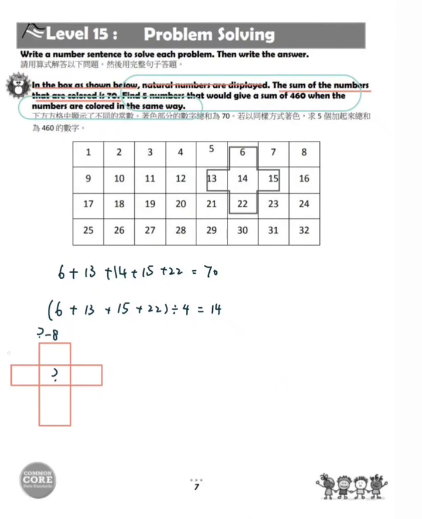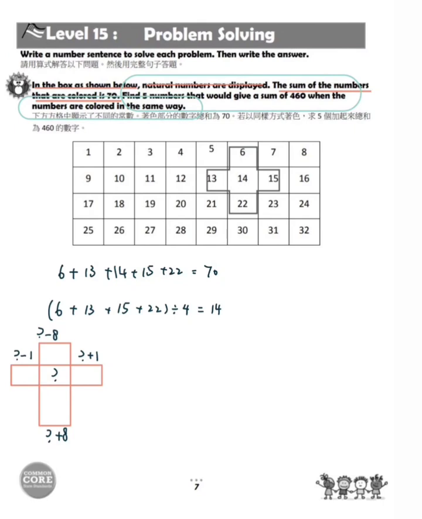Then the left hand side number will be the center number minus 1. Then the right hand side number will be question mark plus 1. Then for the bottom number, question mark plus 8 will be equal to the bottom number.